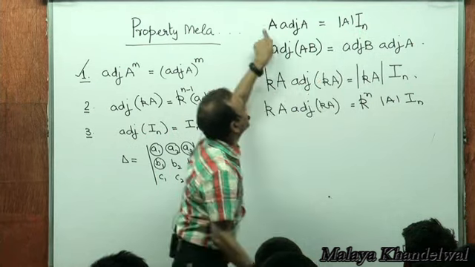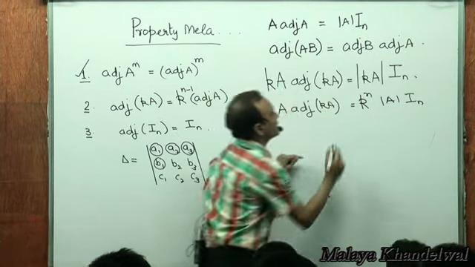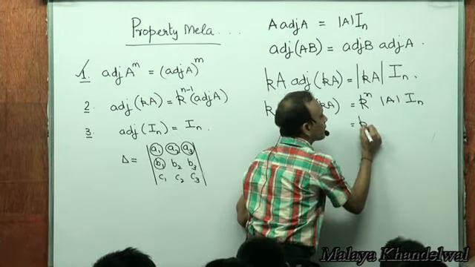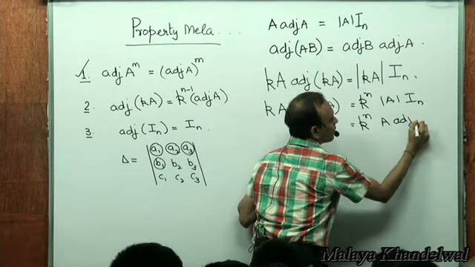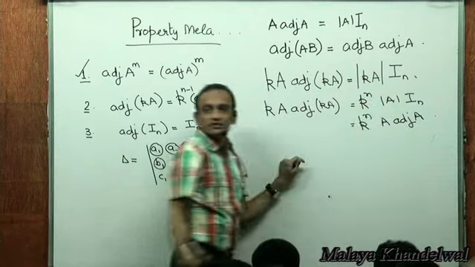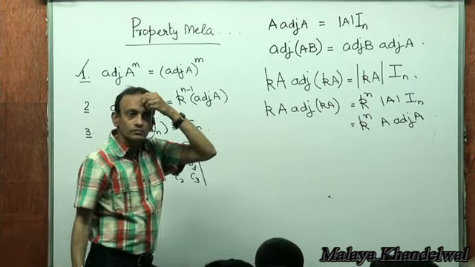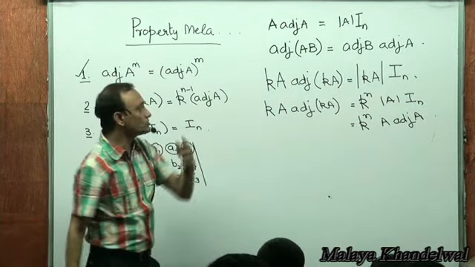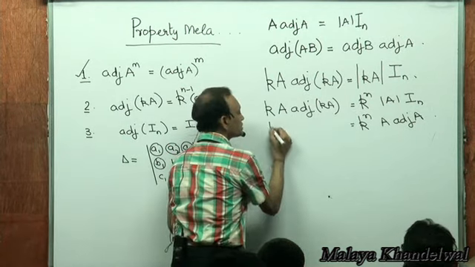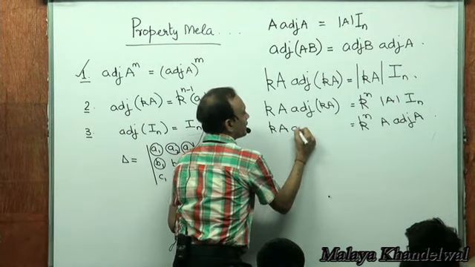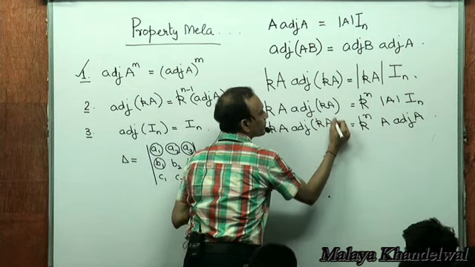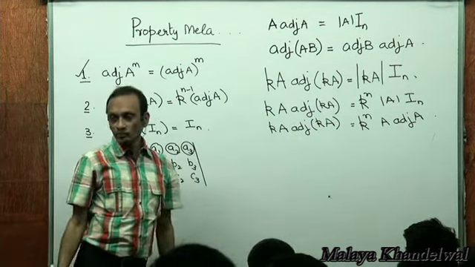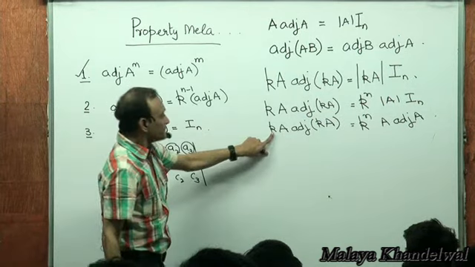Determinant A, In is A times adjoint A. And this is KA adjoint KA, the left hand side. This K is a scalar.